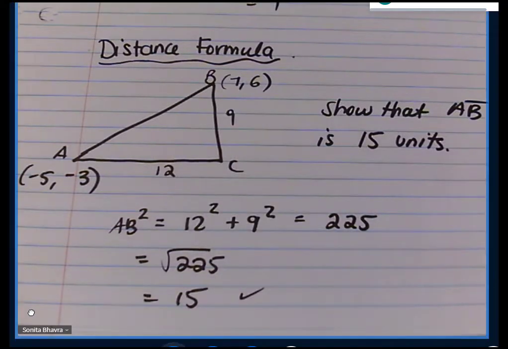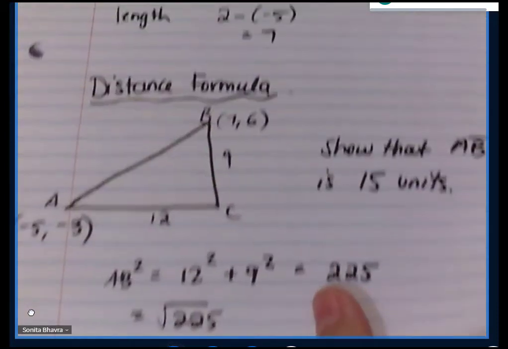All right, so using Pythagorean theorem, we derive the distance formula. The distance formula you can use to find the length of a line segment on the graph of a linear relation. And this is what the distance formula looks like.